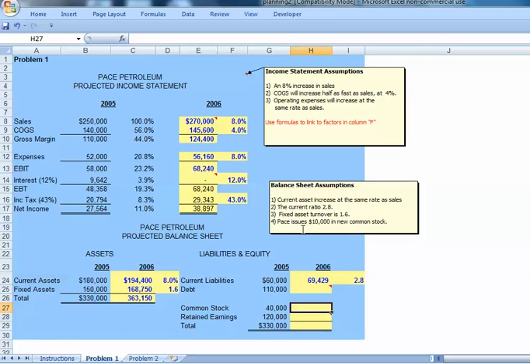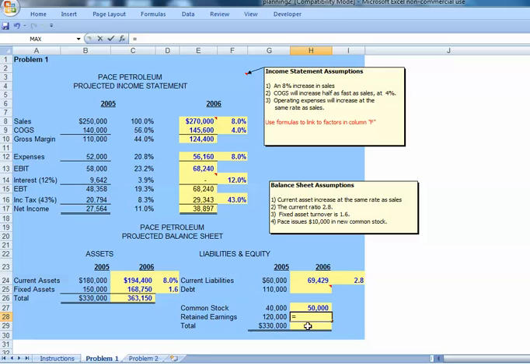We are told that Pace issues $10,000 in new common stock. So common stock will be the prior year plus $10,000 in additional common stock. Retained earnings. We aren't given any information regarding dividends, so we'll assume they don't pay dividends.